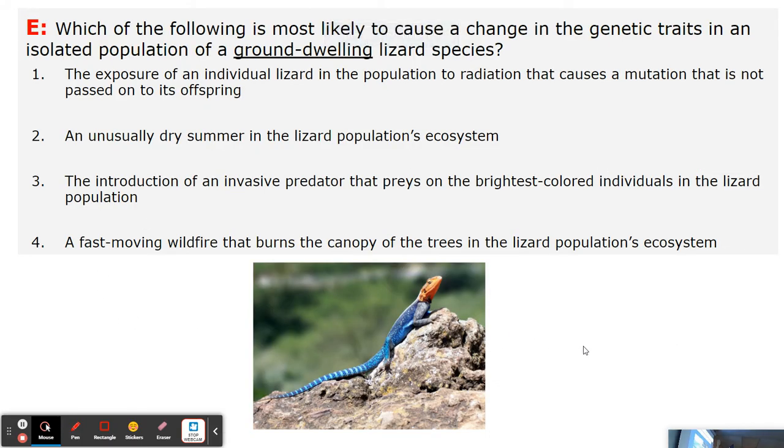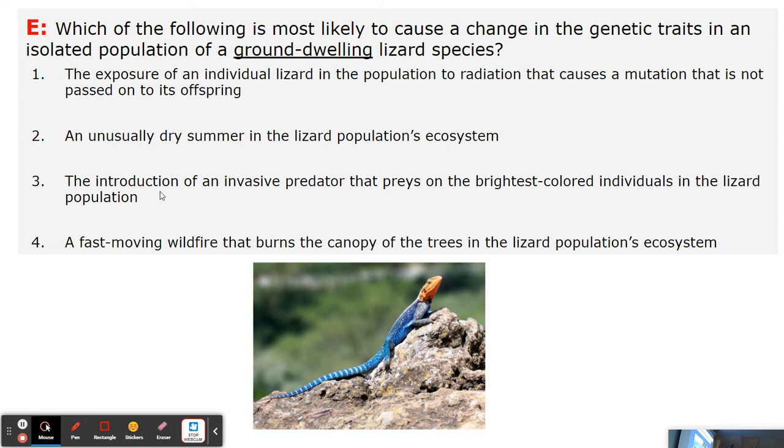All right, for our exit question, it says which of the following is most likely to cause a change in the genetic traits in an isolated population of ground dwelling lizard species? So, if the lizard is ground dwelling, that means it is on the ground. So, what could change the genetic traits in future populations of this lizard?